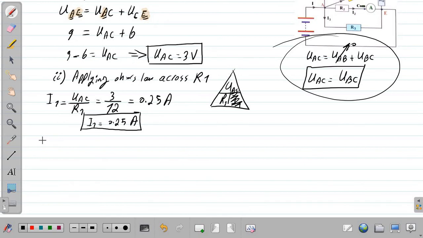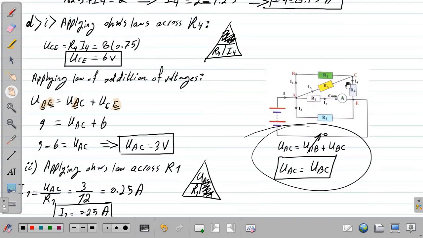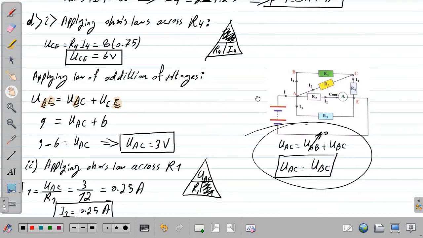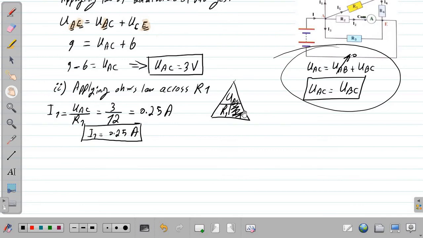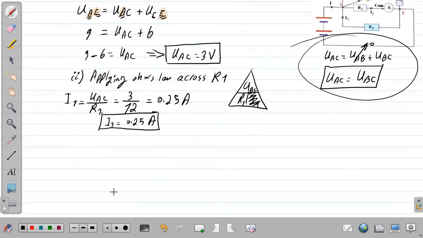ننتقل لنحسب ال I5. كمان المفروض نحن ب I5 نعتمد على ال UAC. ال I5 passing through R5. R5 التيرمينالز AC و UAC عنا إياها وال value of resistance عندي إياها، وبالتالي فيني أطبق Ohm's law.